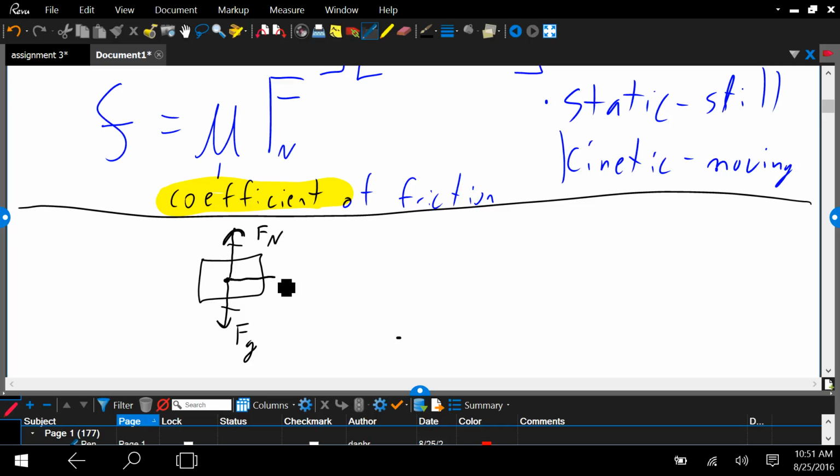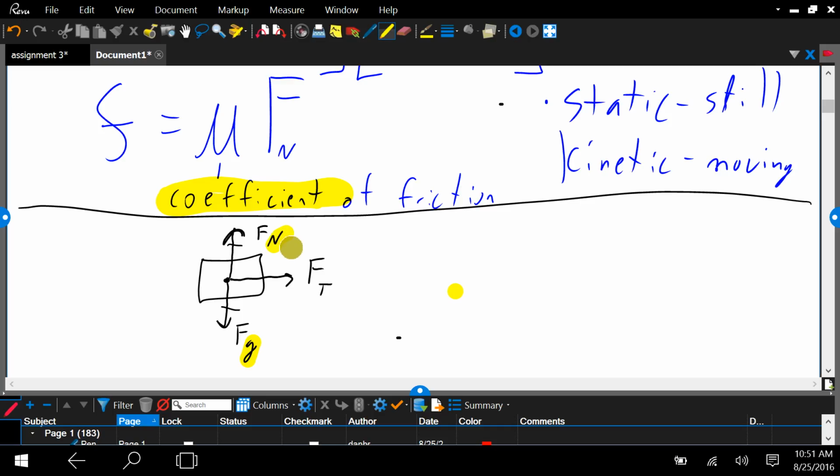There's also a third force, and it's going this way. I'm going to put an F and a subscript T. All these have a capital F, which means it's a force, and they all have different subscripts describing the interaction between two objects. The first force is G, an interaction between the block and the earth, because that's what causes gravity.